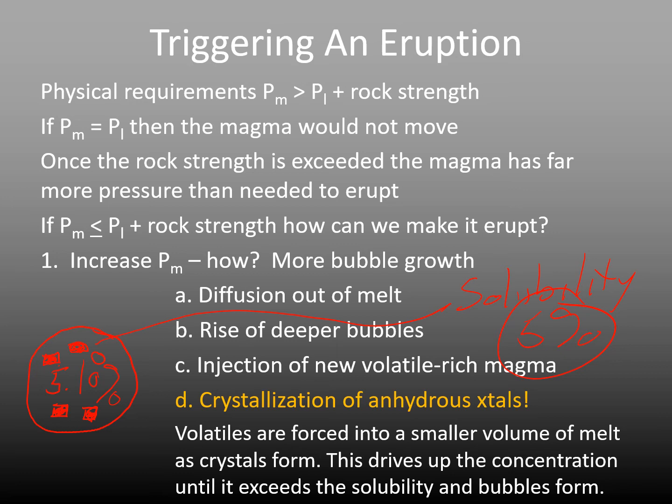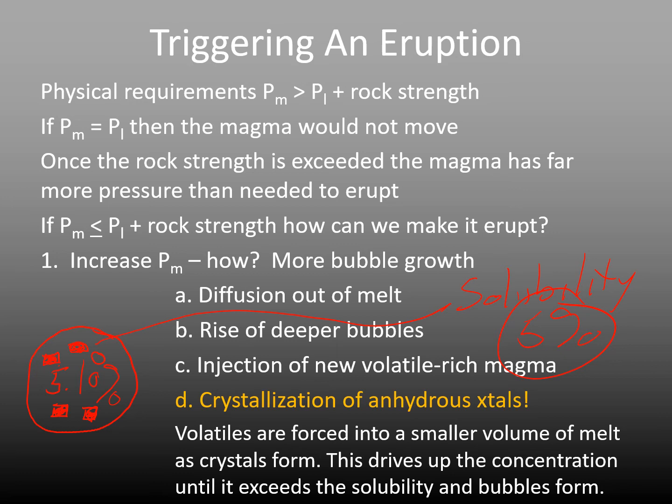You think, oh, when things cool off, it's going to be somehow less prone to erupt. You know, you need heat, you need energy. As it turns out, by cooling it off, you form solids that increase the amount of volatiles in the remaining melt, driving up the concentration until you get bubble growth.